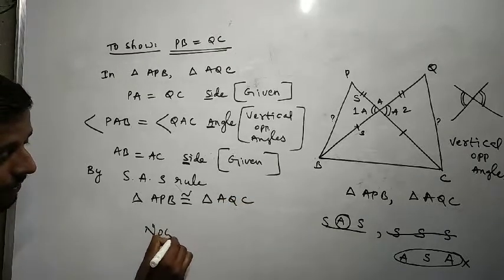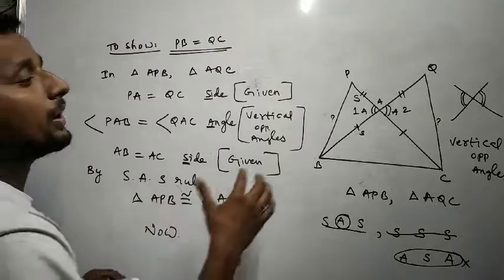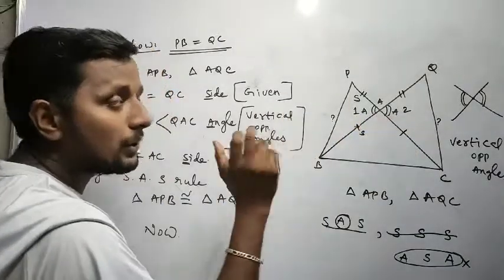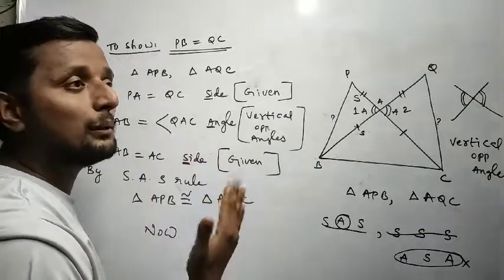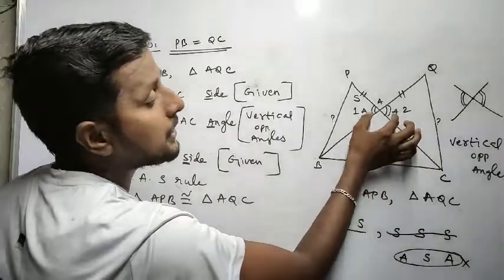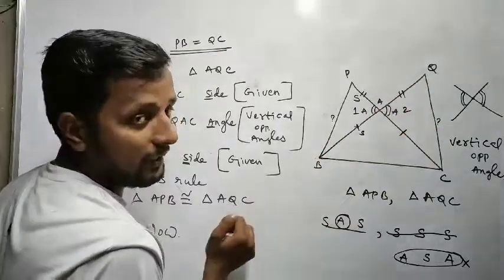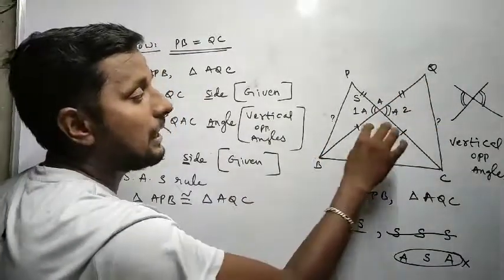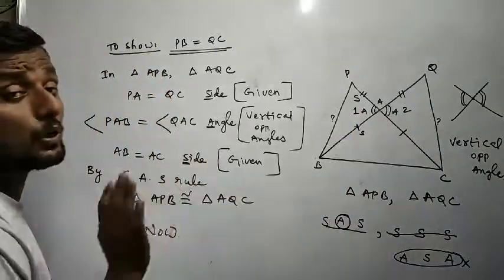Now, I told you many times, once congruence is decided for the two triangles, then the uncompared sides and uncompared angles are also equal to their corresponding parts. For example, here I spoke about only one angle, so the rest of the two angles I didn't. Am I right? So after congruence, I can say these two angles are equal, these two angles are equal, the corresponding angles are equal.